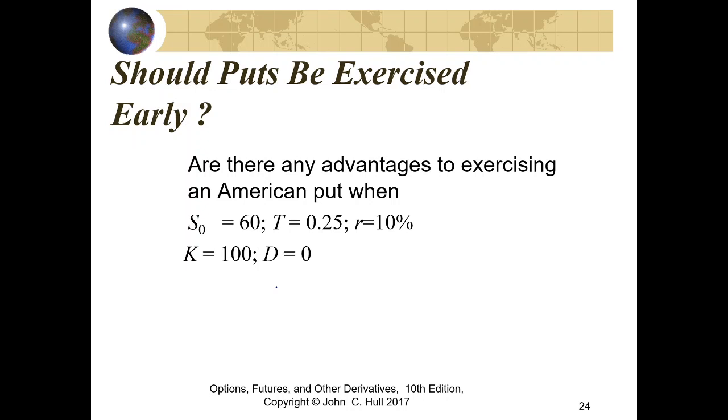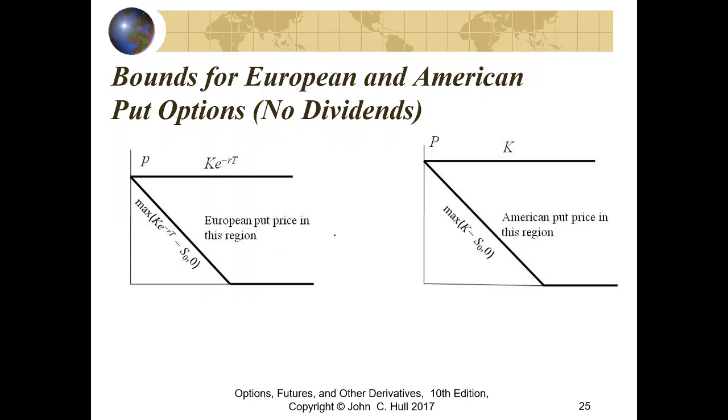Okay? So, to summarize, for a put option, if the price of the stock went down enough to make us believe that it will not go any further below that price, it is optimal to exercise early, because we want to lock in the highest possible payoff out of the put option. For this reason, the bounds for a European put option are different from the bounds of an American put option.